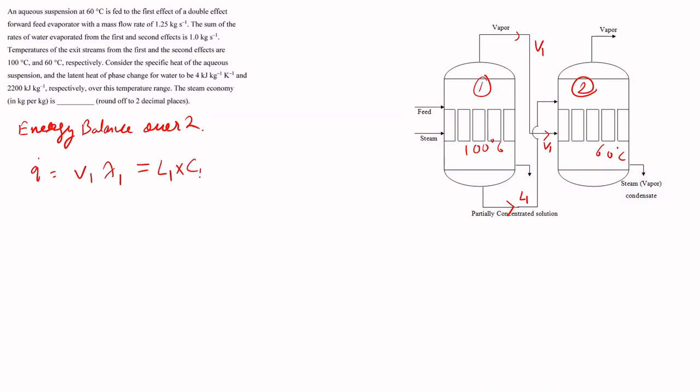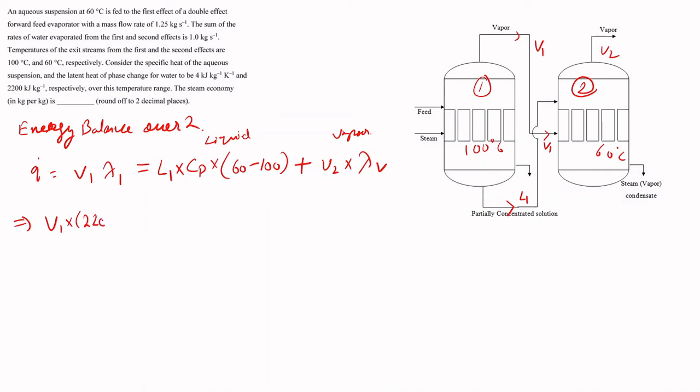So that we can write it as L1 into Cp into, now the temperature difference will be 60 minus 100. So that we can write it as 60 minus 100 plus, this was for liquid, and now we have to write it for vapor. So the vapor generated here will be V2 into lambda V. Okay, so now we can just replace the values.